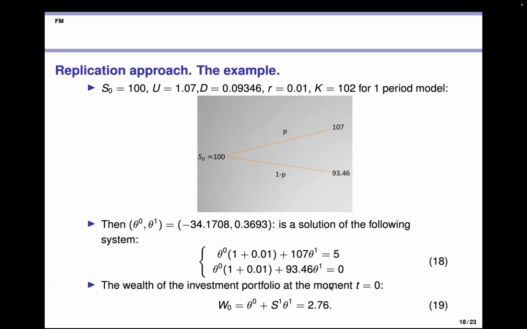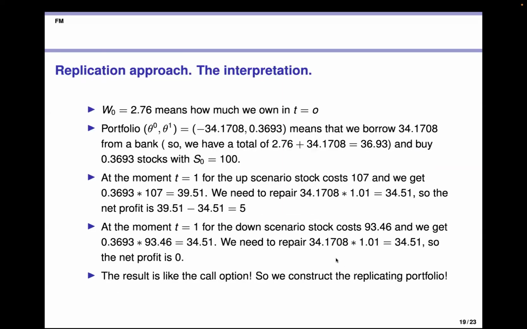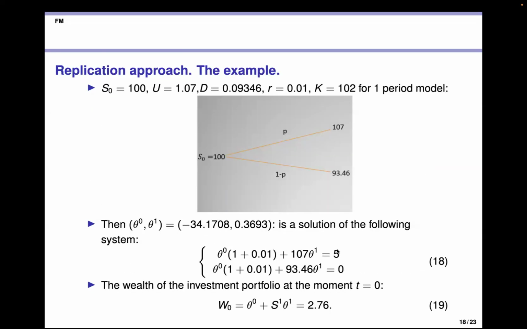Why? Because we replicate the call option. Yes, we used the payoff function of the call option. So exactly for this call option, we have the premium, the fair price. Yes, it is your conclusion.